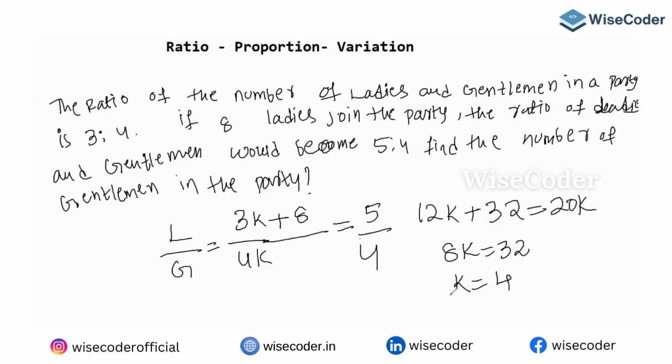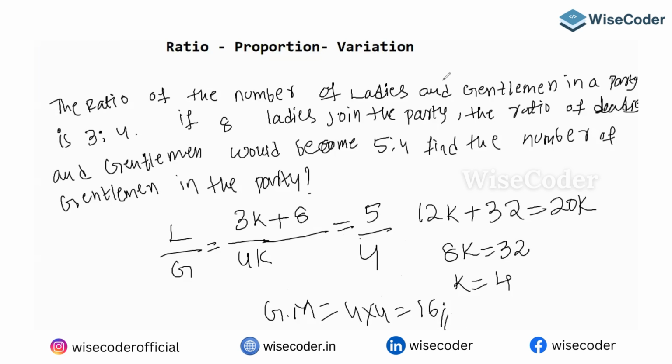When k is equal to 4, how many gentlemen are in the party? Gentlemen is 4k, so 4 into 4 gives you 16 members. How many gentlemen in the party? 16.